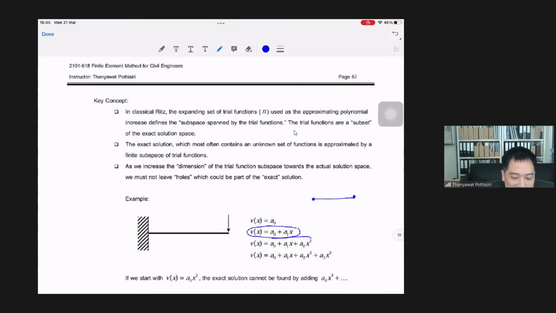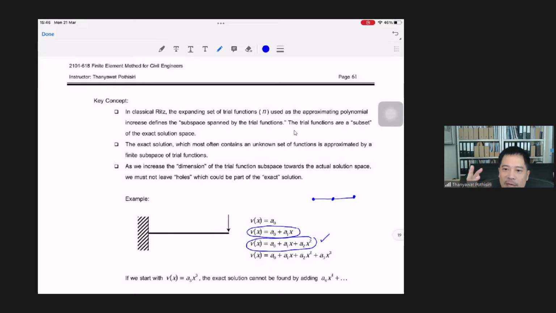But if you want to have a higher order of polynomial function, then it means you have to increase your nodes, right? So if you have three nodes, then you can use this approximate function for your displacement field. Okay, so one way to get closer to the actual solution is by using a higher order of approximation function for your displacement.